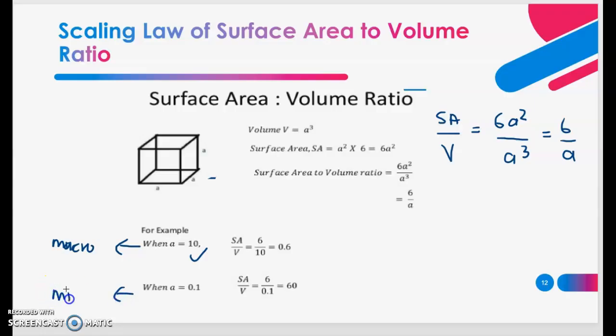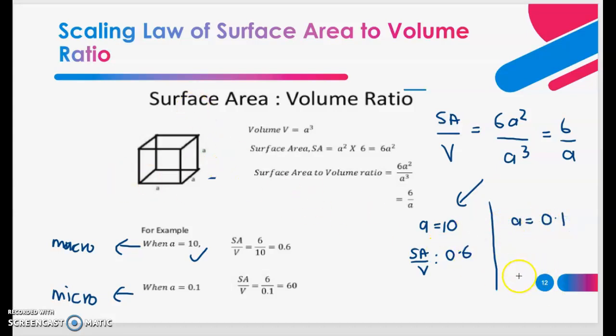So let's say this is a smaller device, that is micro scale. If A equals 10, your surface area to volume ratio will become 0.6. But when A becomes smaller, that is A equals 0.1, where A is the length of the cube, your ratio of the surface area to the volume will become 6 divided by 0.1, which is equal to 60.